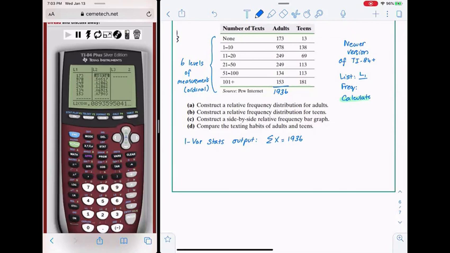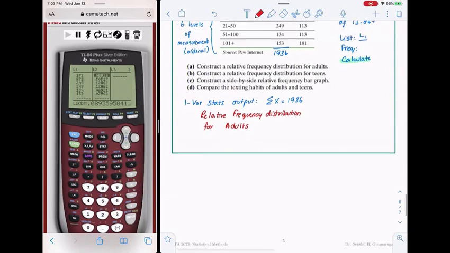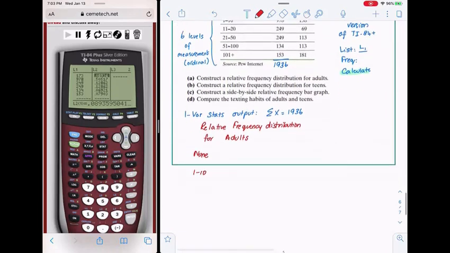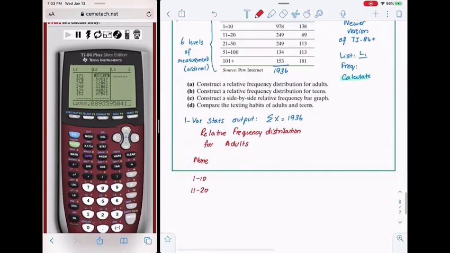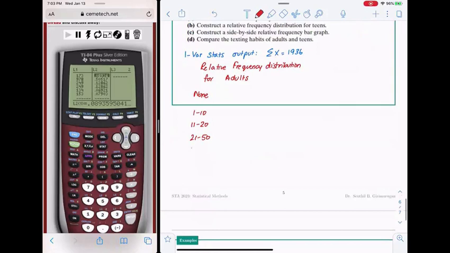So what is the relative frequency distribution for adults? So we have none, 1 to 10, 11 to 20, 21 to 50, 51 to 100, and 100 plus.